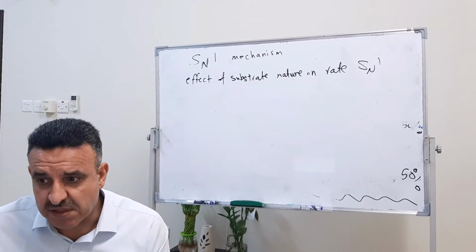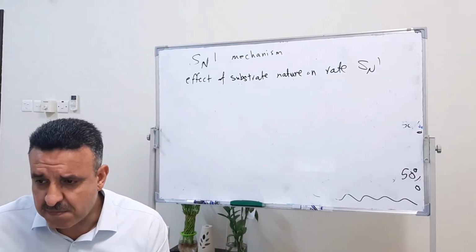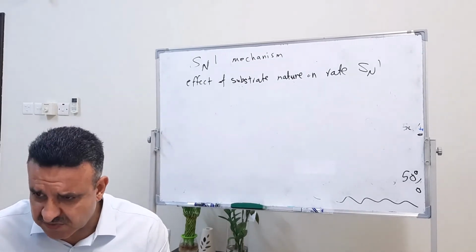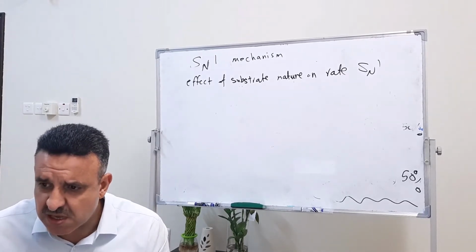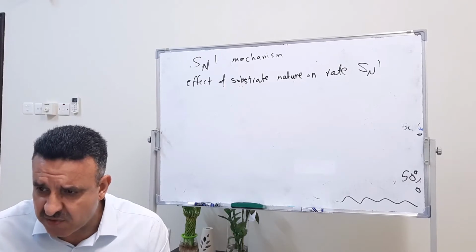Anyway, now in this slide, you can see we started with one enantiomer, but since this reaction occurs via SN1, when we allow this alkyl halide to react with water, the water will replace the Br and then we'll have OH.